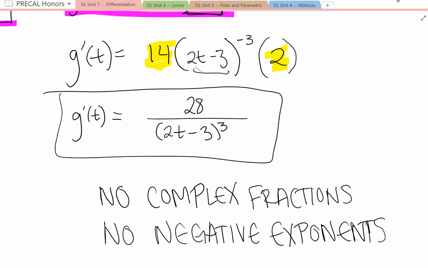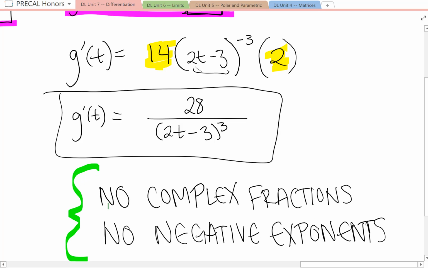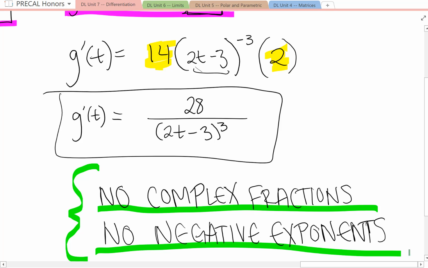When it comes to simplifying, the most important things that I'm looking for now that we've kind of entered into calculus, where the whole roots in the denominator is not as important, okay? No complex fractions, so don't give me a fraction that has multiple fractions within it, and then no negative exponents. Always turn those exponents back into positive by putting the quantity on the correct side of the fraction bar.